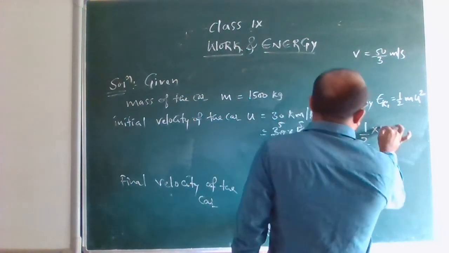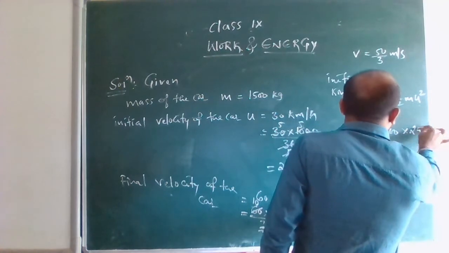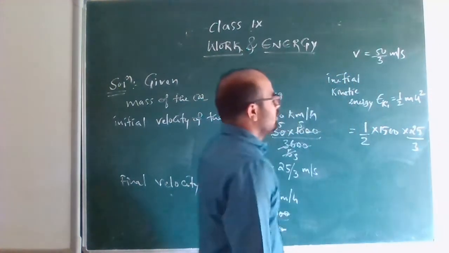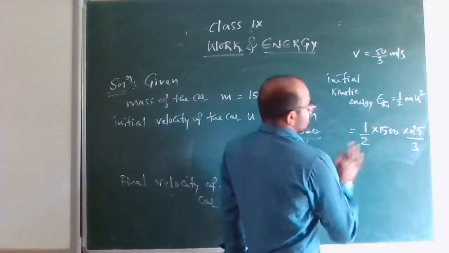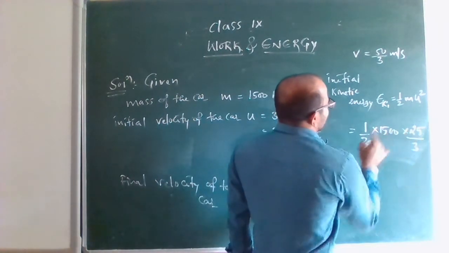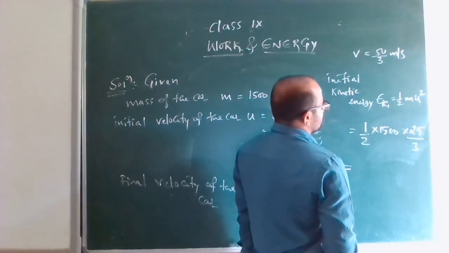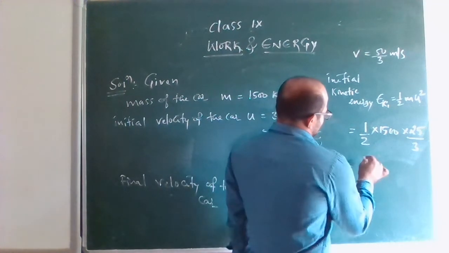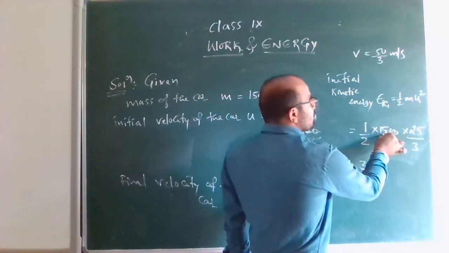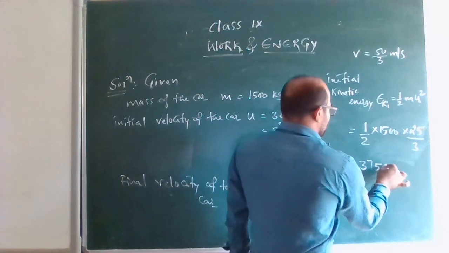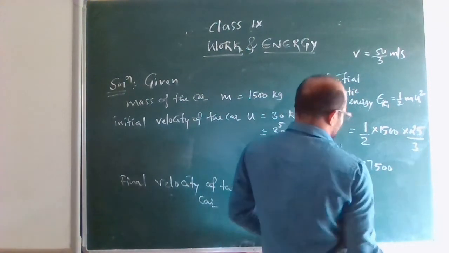1500 into v is 25 divided by 3. Okay, let us keep this like this only. 25 into 15, how much will it be? 25 tens are 250, 25 5s are 125, that means it will be 375. 00 after that, divided by 2 into 3.